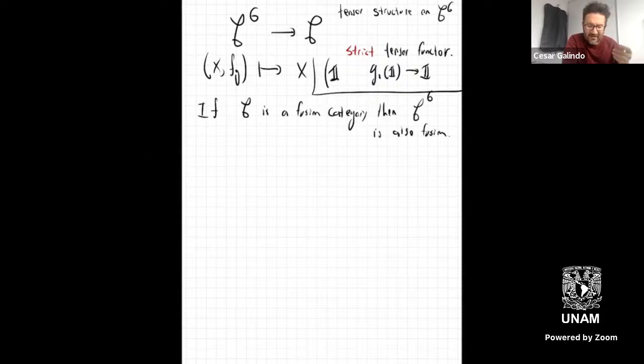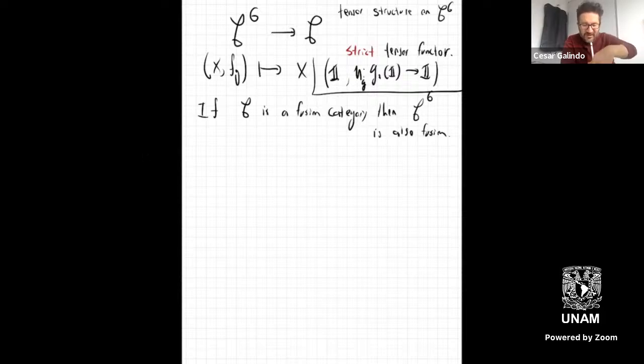By definition, G comes with a natural isomorphism in this direction, because every G star is a monoidal functor. So by definition, you have a canonical isomorphism from this to this. Let me call it UG. This is part of the whole structure of your action. And this is the object. And the point is that this object commutes with everything.